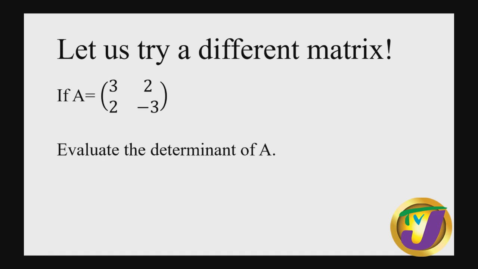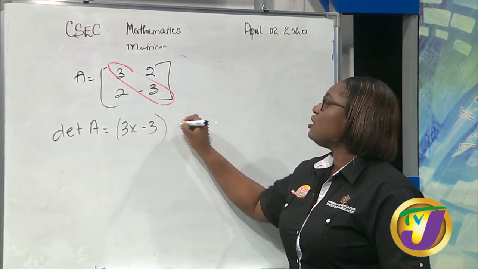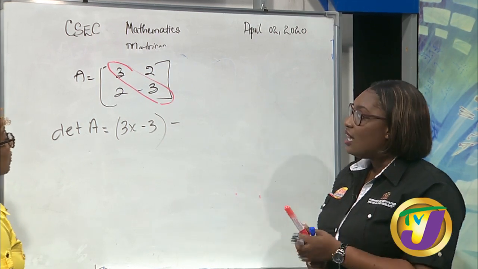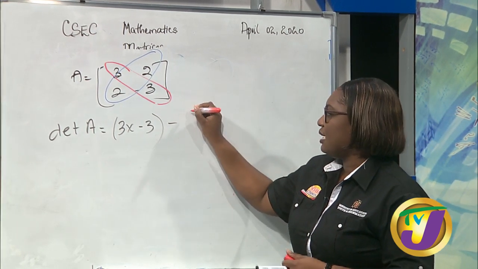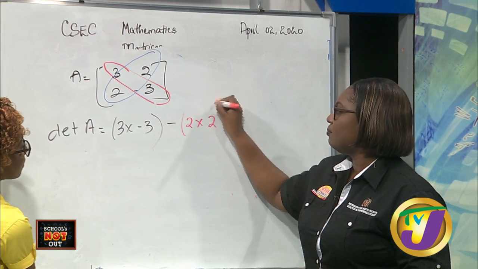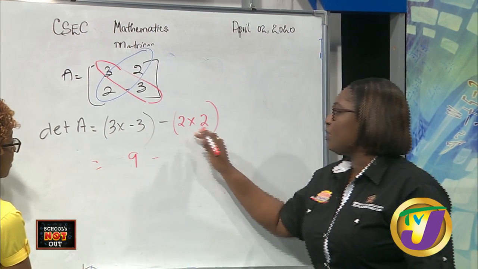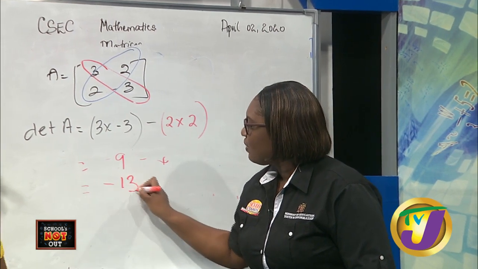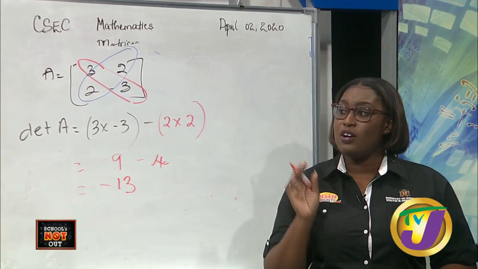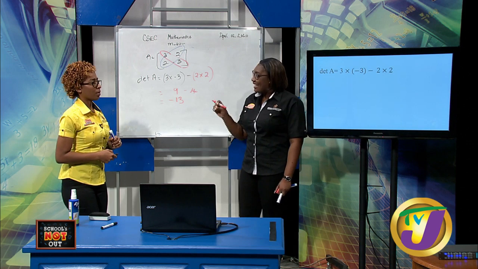So the determinant of A is the product of these elements, 3 times -3, subtract the product of the elements on our non-leading diagonal, 2 times 2. So 3 times -3 gives me -9, subtract 4. So the determinant of this matrix is -13. Now the determinant of our first matrix was what again? 0. And the determinant of this matrix A is -13.